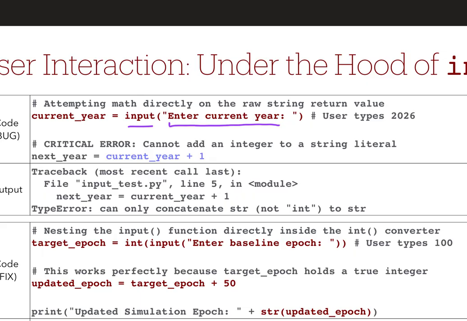Then when the user types something, that something must be received by the program, and the program must use a certain assignment format so that this current year variable receives the information from the user. Okay? The one problem with this current year variable is that whatever the user types, this input function will return that information as a text string.